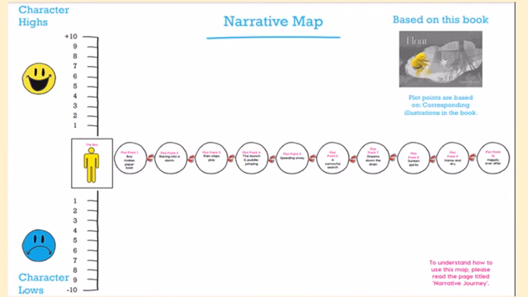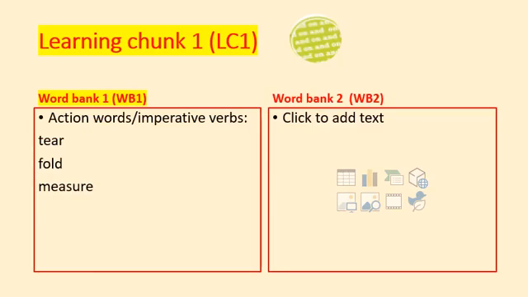We're right at the beginning at plot point 1. So today, what we're going to do is think about our experience day we had on Monday when we made paper boats, and we used the diagrams for the instructions.